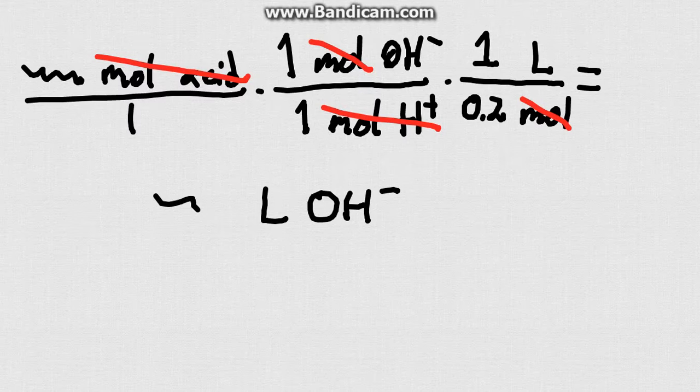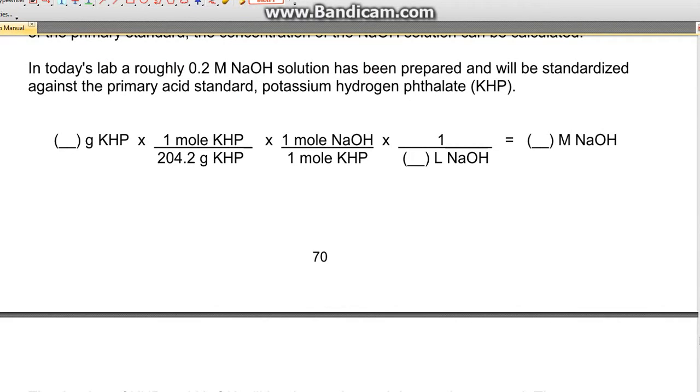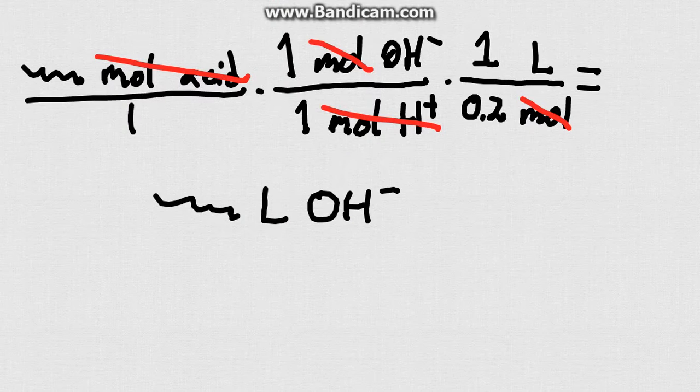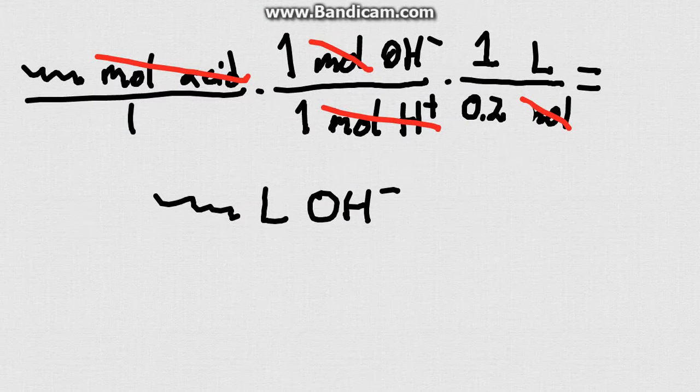So whatever quantity that is, liters of hydroxide. And that's how you find, in this case, I'm sorry, they found the molarity of their sodium hydroxide solution. So I guess the first step was to standardize it. It's the same thing, except now instead of putting moles, we put how many liters of our solution we needed.